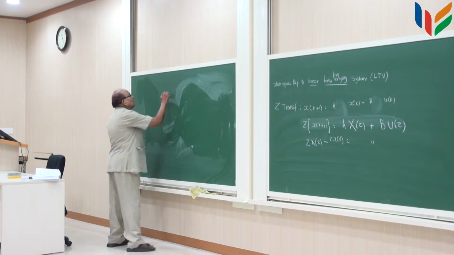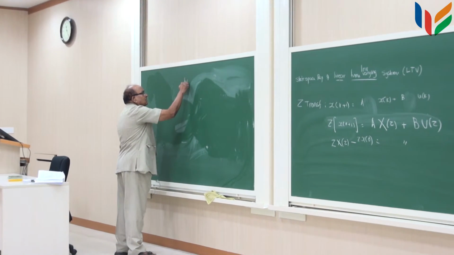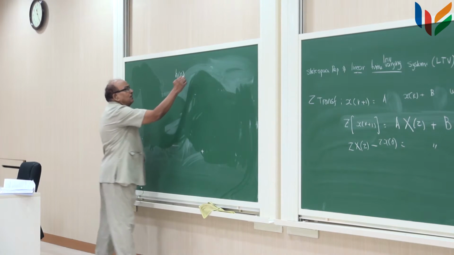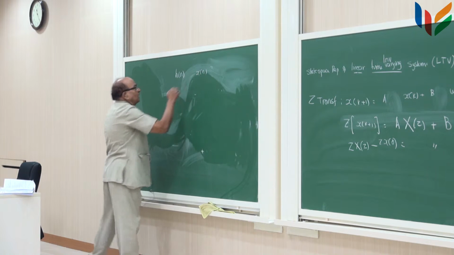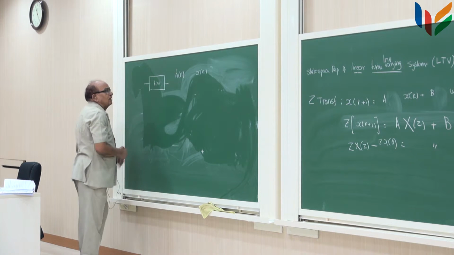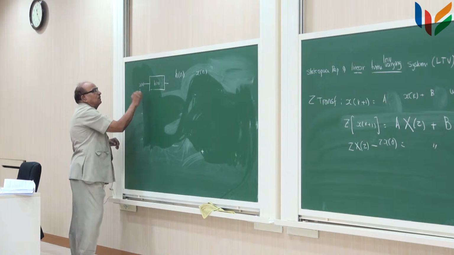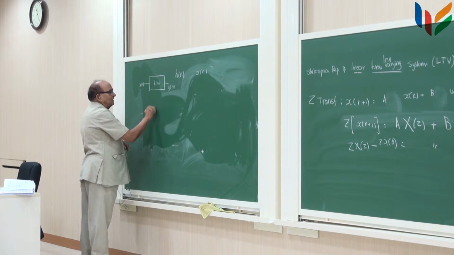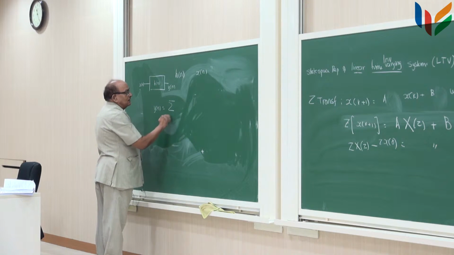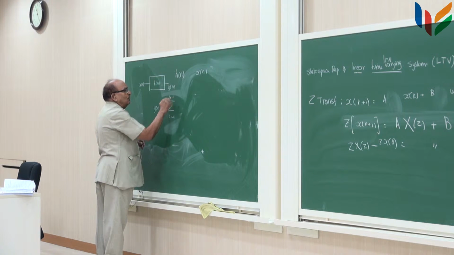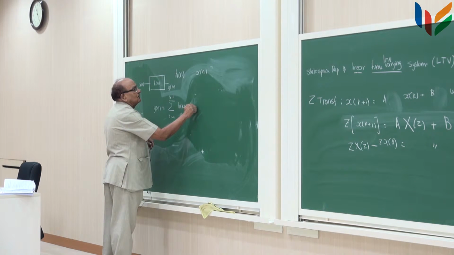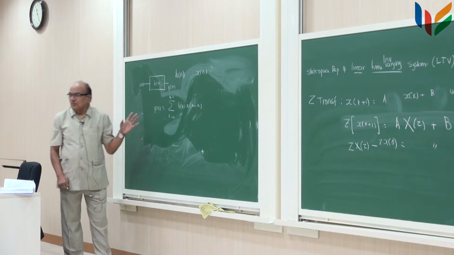If you have Hn as the unit sample response, which is equivalent to impulse response, and if Xn is the input to this black box with H of n, then you get some Yn, which, by the result we got in the last class, is nothing but sigma k equal to 0 to n minus 1 hk into xn minus k. Convolution.